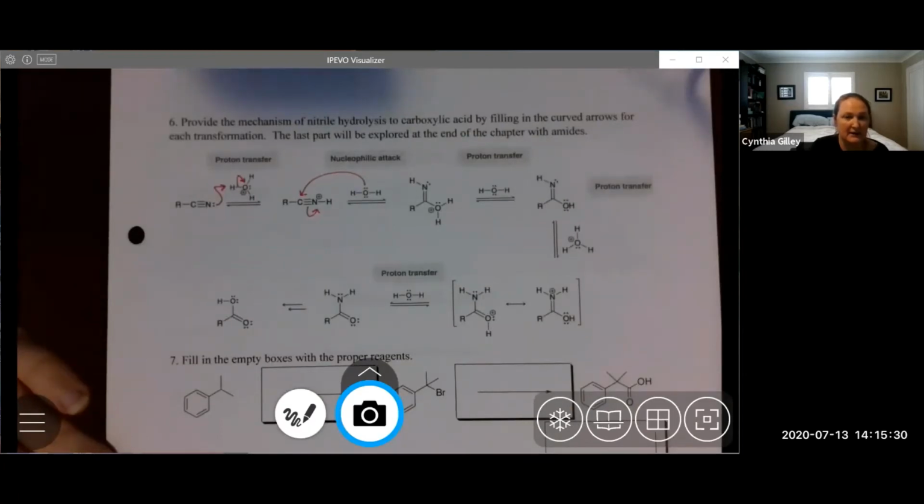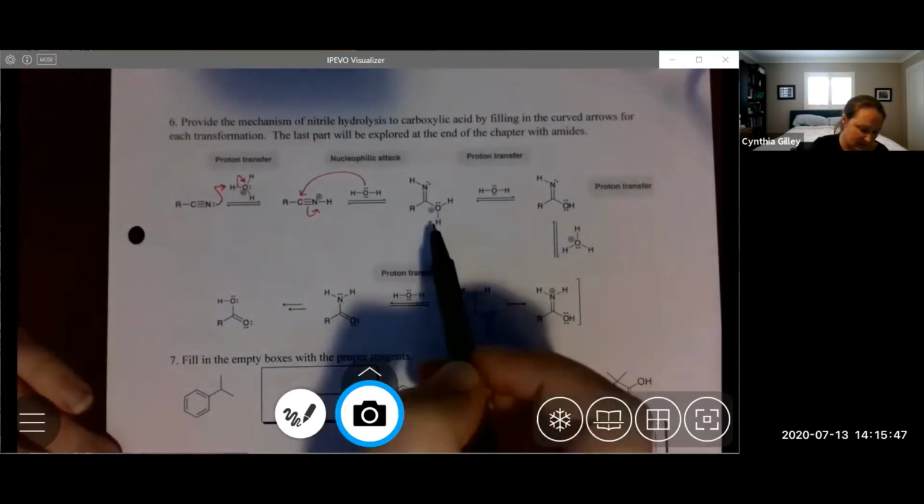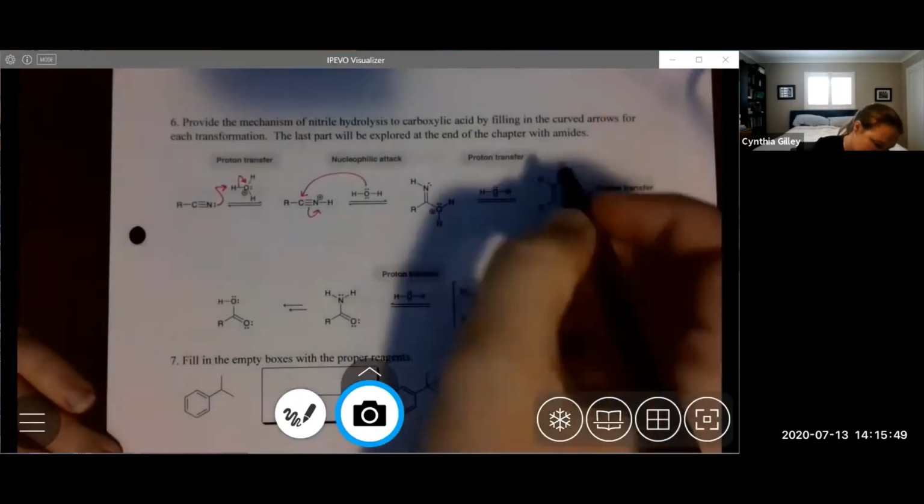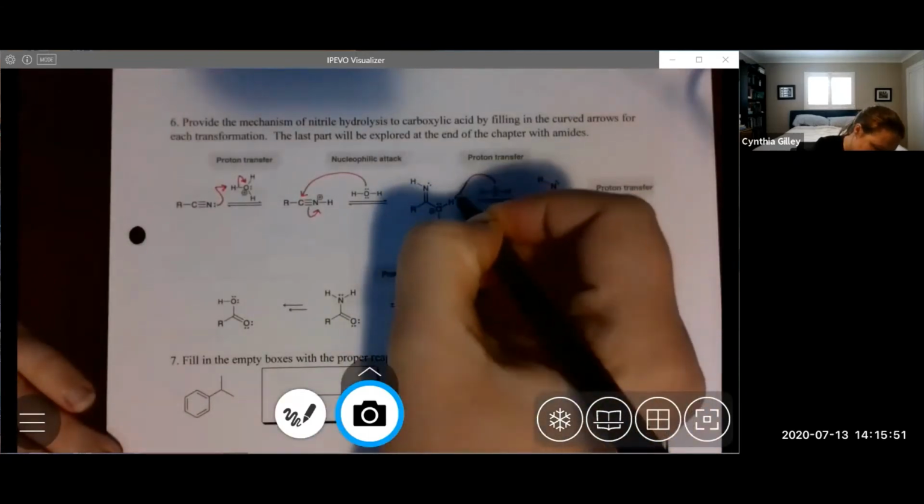Remember that under acidic conditions, it's common to find intermediates that either have 1 positive charge or are neutral. We try to avoid 2 positive charges in these methods. So in order to do that, we're going to deprotonate first. We'll do a little proton shuffle.